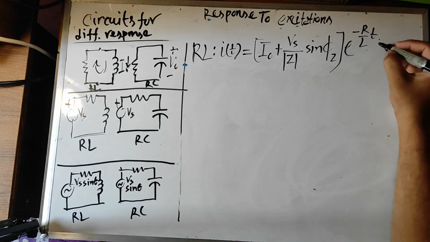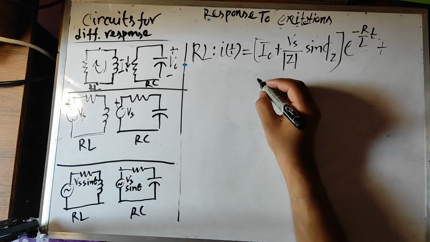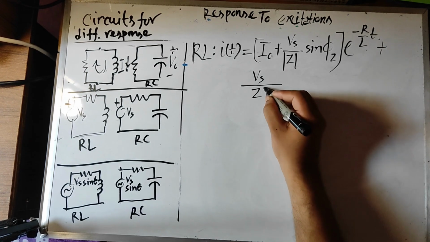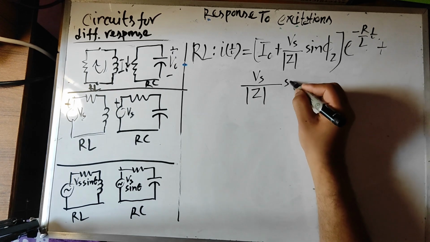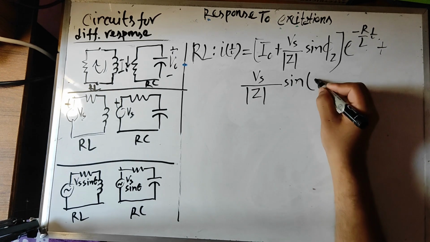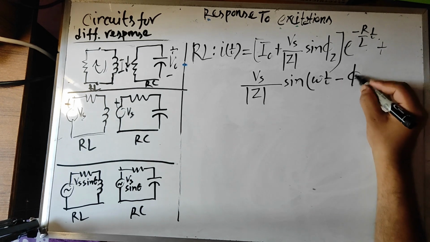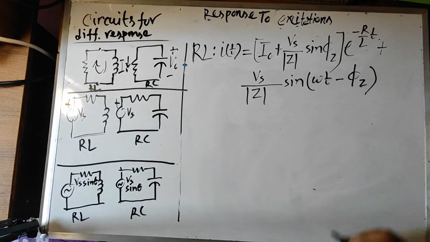Let me write this a little bit more clearly. So the voltage by impedance, sine of omega t minus the phase shift.